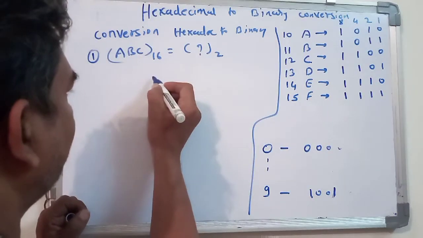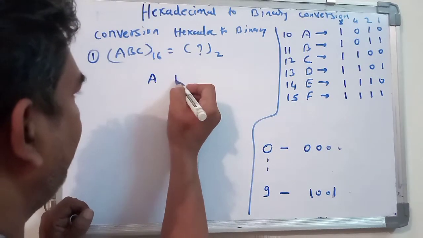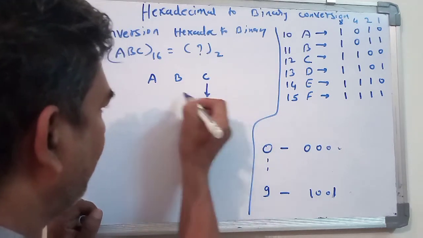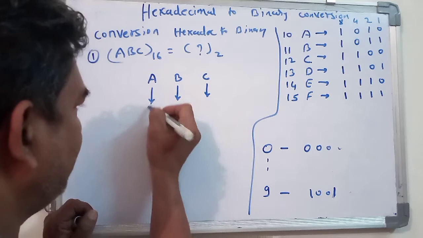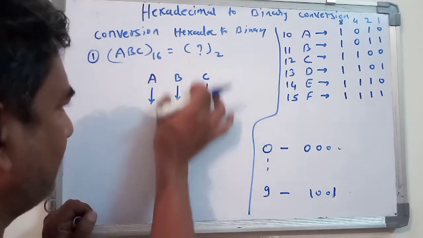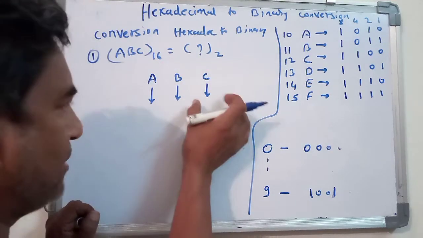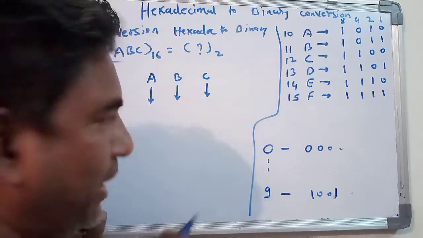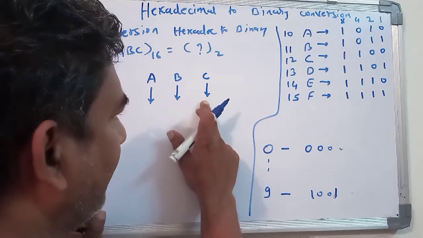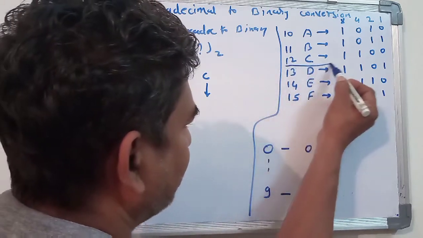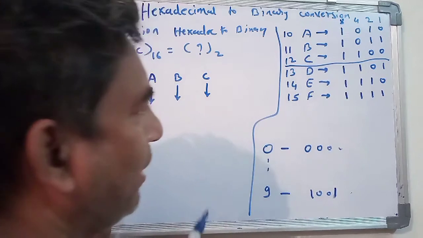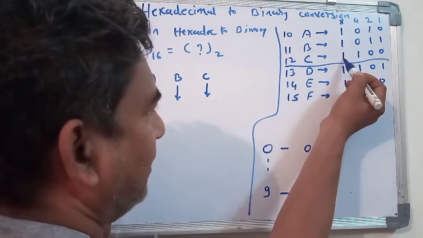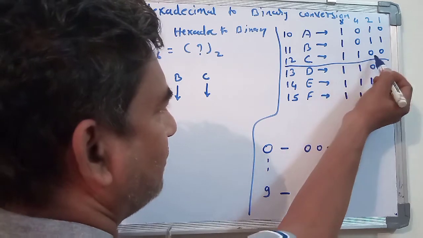What are the steps? First write A, B, C separately, and below each draw an arrow, because a separate value has to be assigned to each. C is 12, which in 4 bits is 1100.